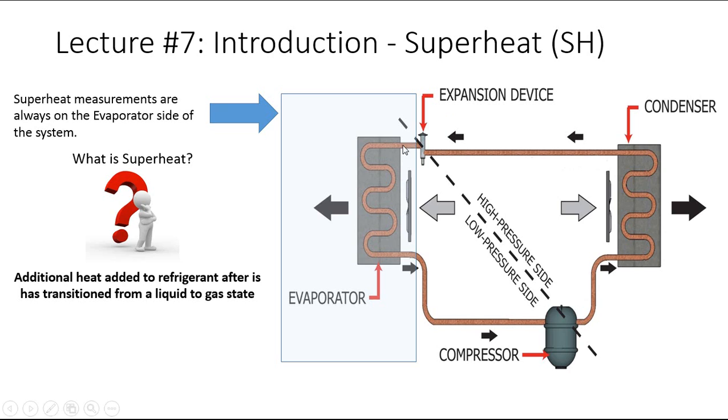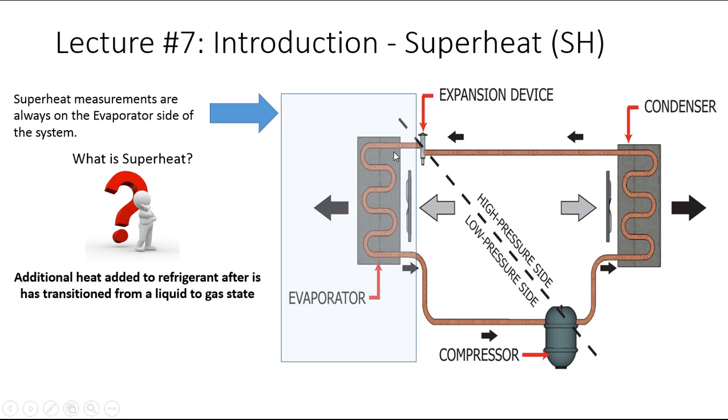So as that refrigerant goes into your evaporator and you're blowing this warm air across it, it's starting to boil. It's starting to absorb heat. And what superheat is telling you, and we're going to cover this in the next slide again, is at what point in this evaporator the low pressure liquid has completely transformed into a low pressure gas.